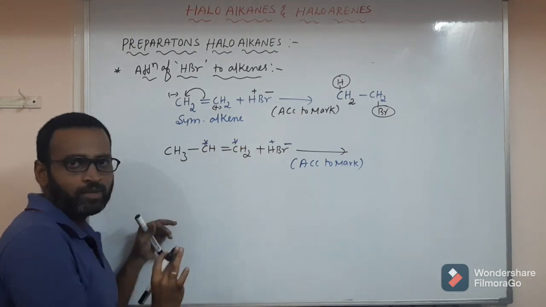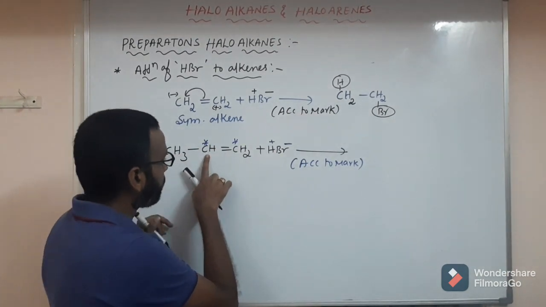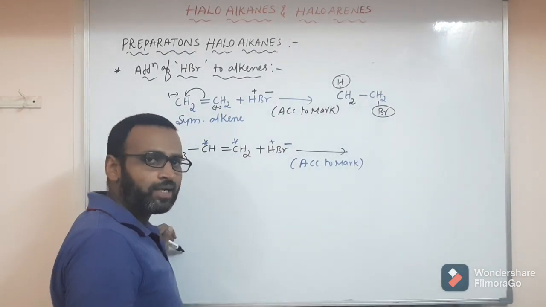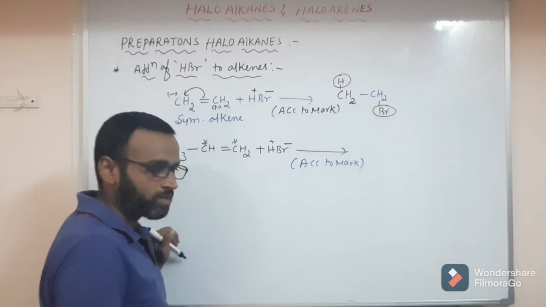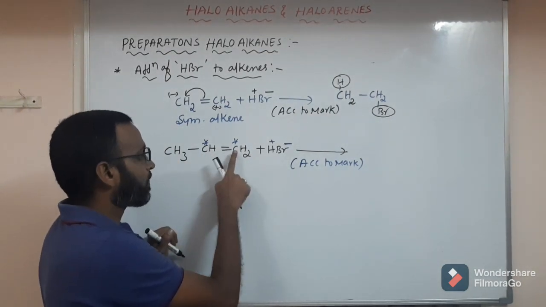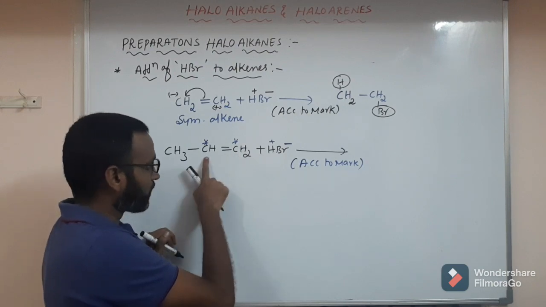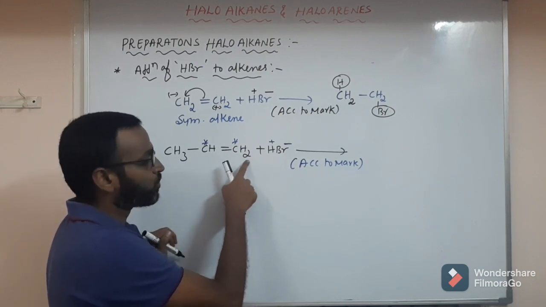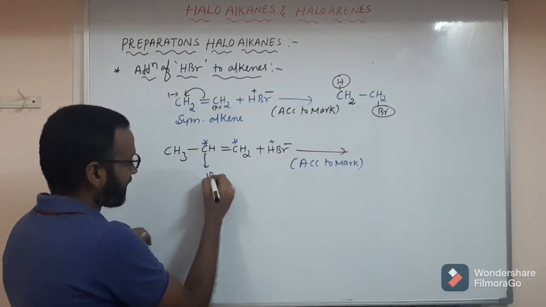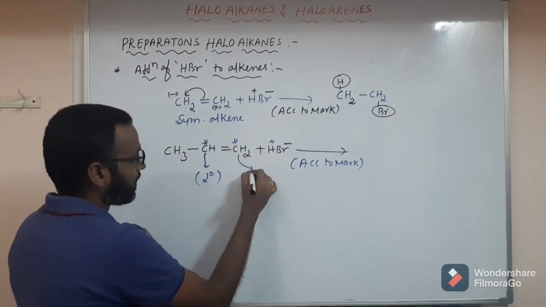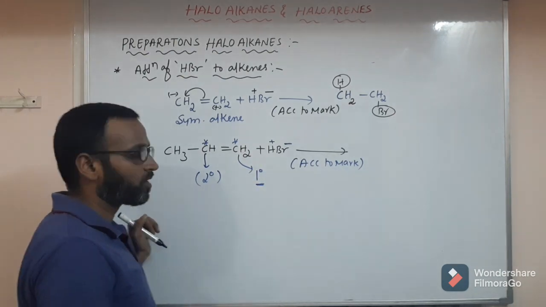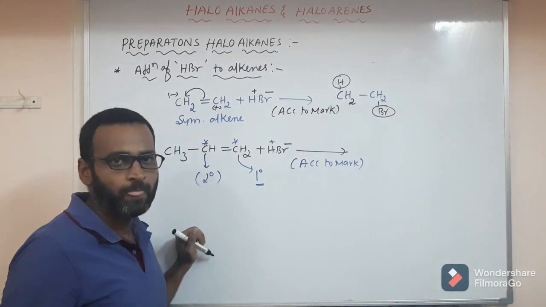Two types of double bonded carbons you have. This is one kind and this is another kind. Both are carbons only, but hydrogens are not same. This carbon is attached to two carbons and has one hydrogen. This double bonded carbon is attached to one carbon but has two hydrogens. So this carbon is a secondary carbon and this carbon is like a primary actually. Of course we won't say that for a double bond, just for your understanding I am saying.